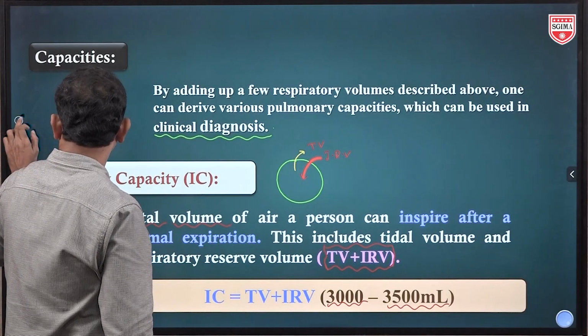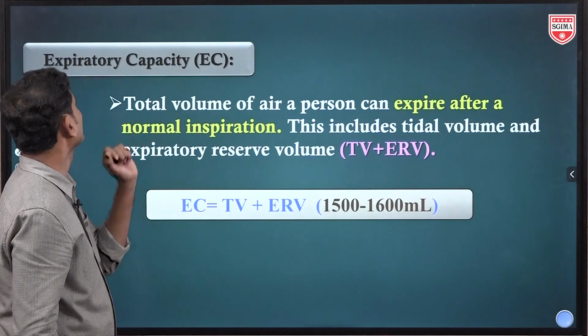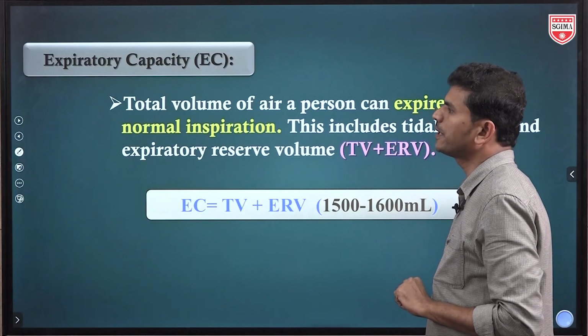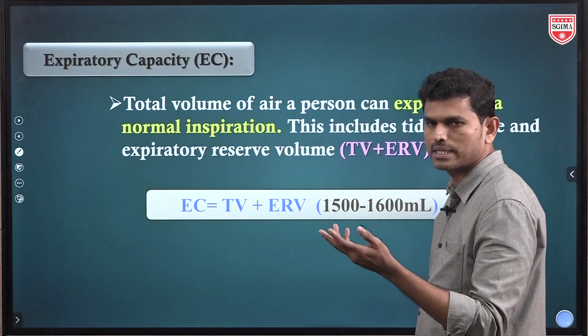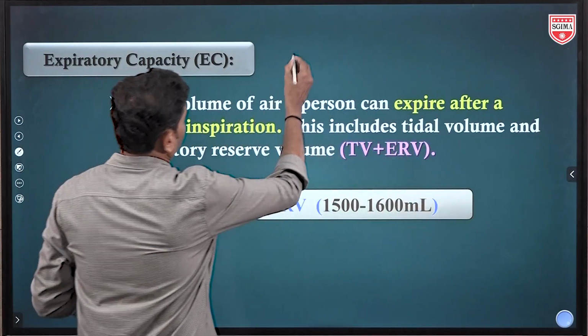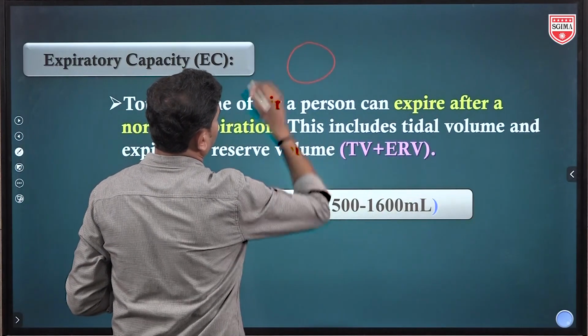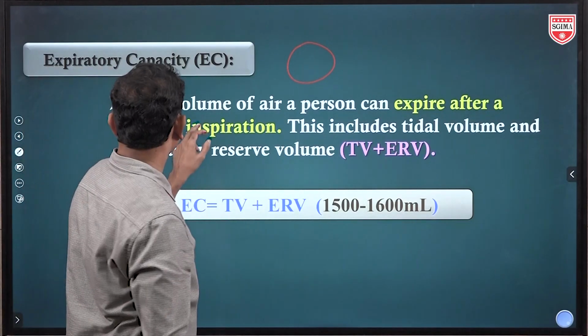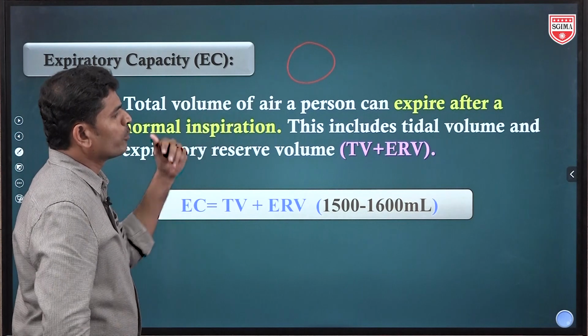So next capacity we can see that. So expiratory capacity. How we can define the expiratory capacity? Inspiratory capacity का opposite होगा. So let us see that expiratory capacity. So the person, here it is person. Now this person, what are they doing?